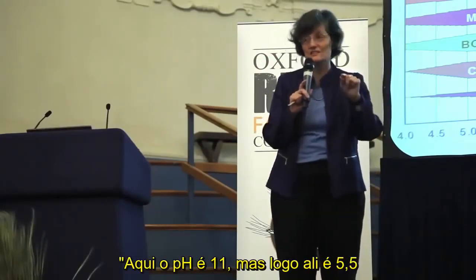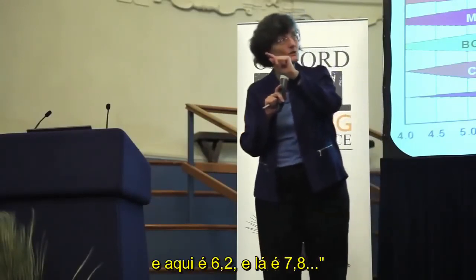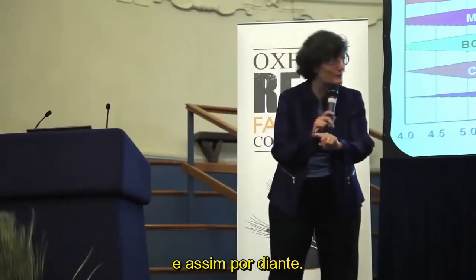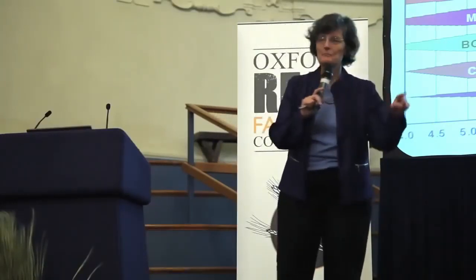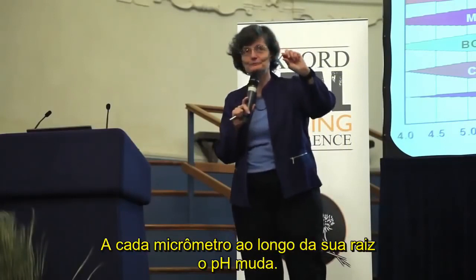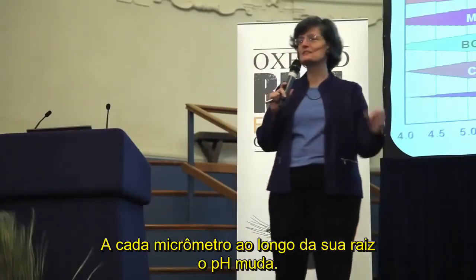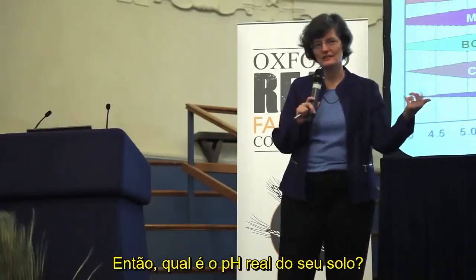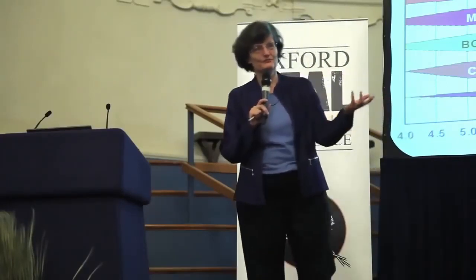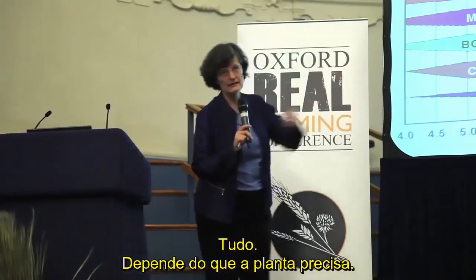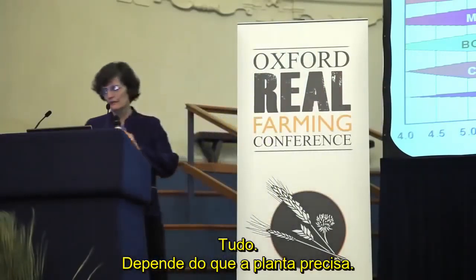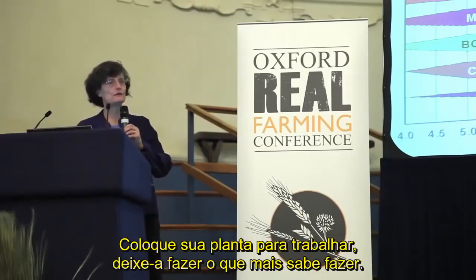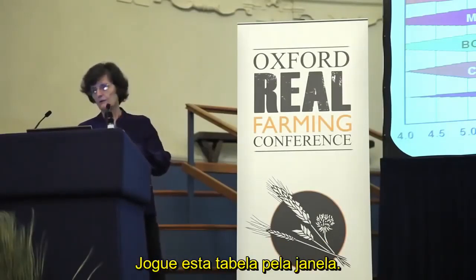But over here, it's 5.5, and here it's 6.2, and there it's 7.8, and over here it's 8.1, and over here it's 9.2, and every micrometer length of your root system, the pH changes. So what's the actual pH in your soil? Everything. It depends on what your plant requires. Put your plant back to work. Let it do what it's supposed to be doing. Throw this chart out the window.